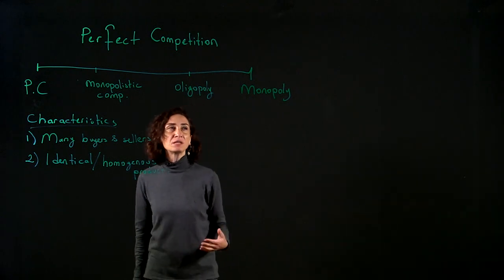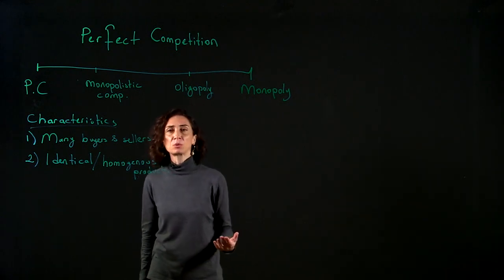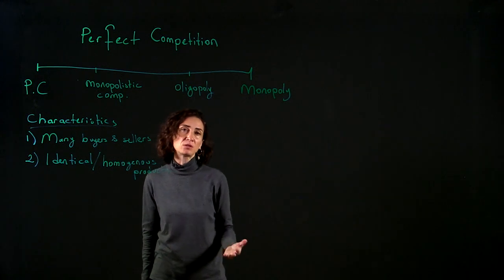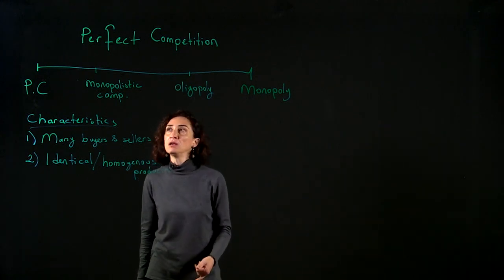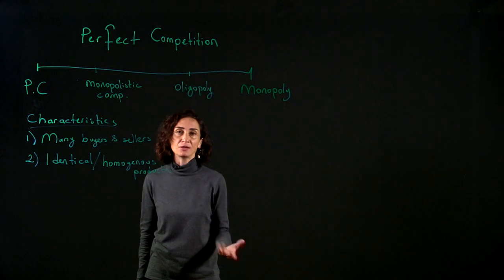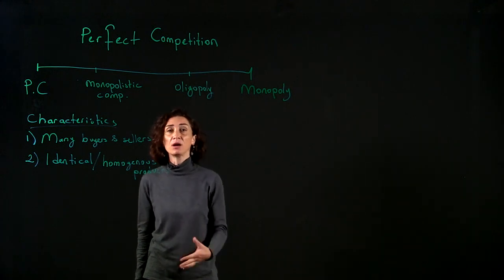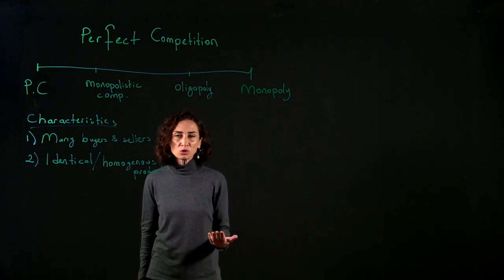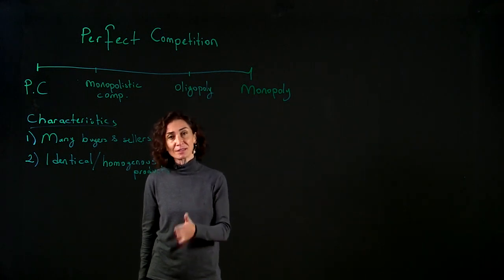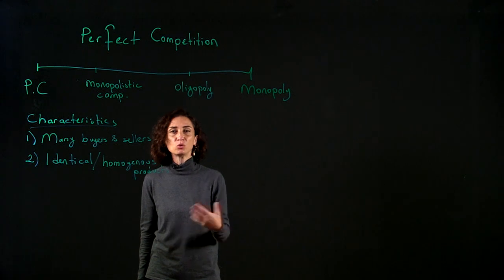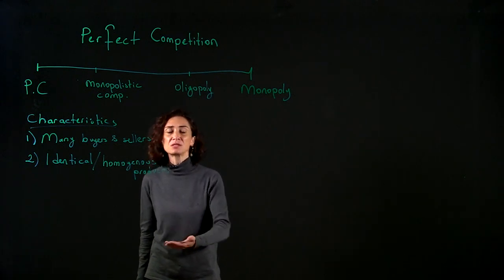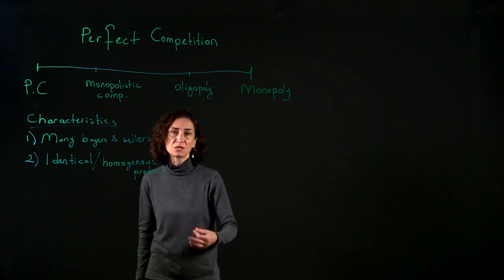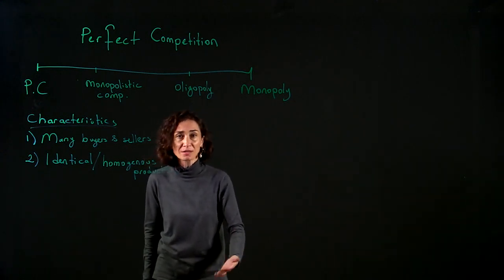Now, this is very, very restrictive. Why? If you think about lots of industries, there might be many sellers. For instance, there might be many coffee houses in Ankara. But you don't usually think they are selling exactly the same latte, right? You would say there are some differences in terms of the quality of service, in terms of the quality of the product.